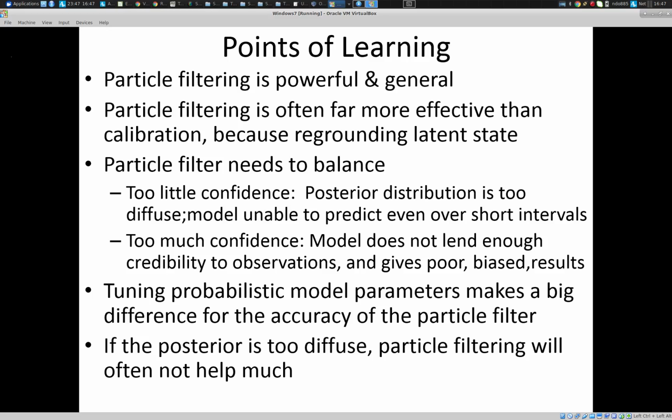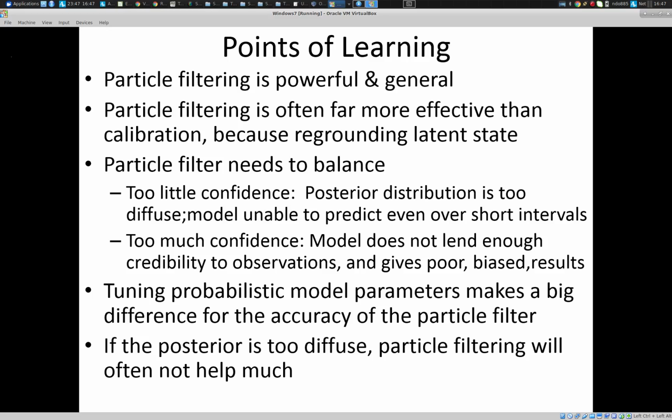These meta parameters are things like how quickly does human behavior likely change within the context of this population, or how quickly do people change care-seeking behavior, that sort of thing. It's often far more effective than calibration because we're regrounding this latent state, this state of how many people are currently in each state right now.